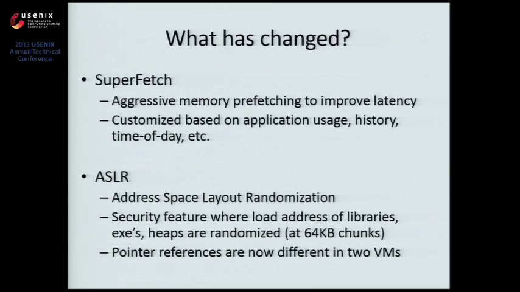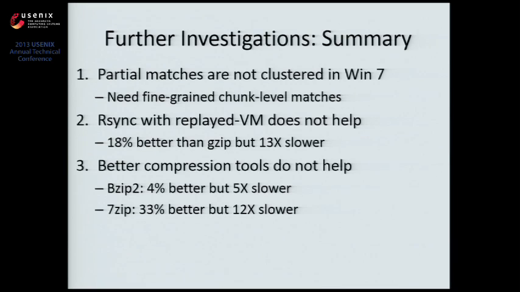So what this showed is replay is not very useful. In fact, we did even more investigations which are there in the paper. I'm just summarizing here. Partial matches are not clustered in Windows 7, they are spread throughout the page. So if you want to use replay, you have to do fine-grained chunk matching. We tried to do rsync, which is for syncing files, on the replayed VM and the original VM.